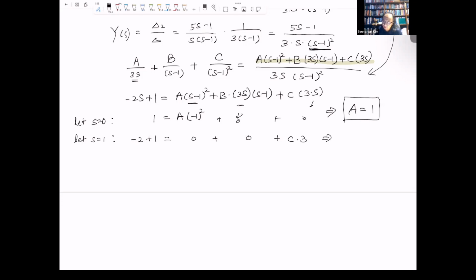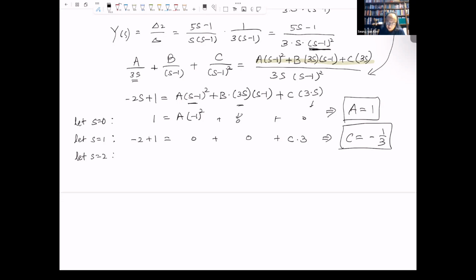And from here, 3C equals negative 1, C equals negative 1 over 3. And then there's no more magic number by looking at the right-hand side of the equation. We use them all, 0 and 1. So you can pick any number. You want to use s equals 2 or negative 1, doesn't matter.